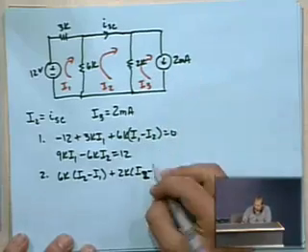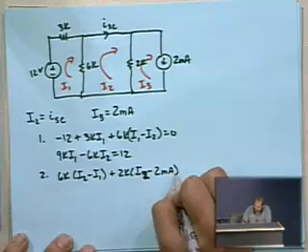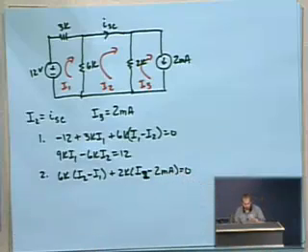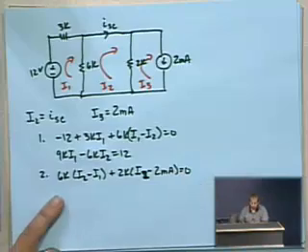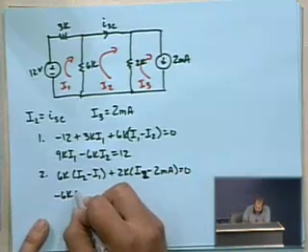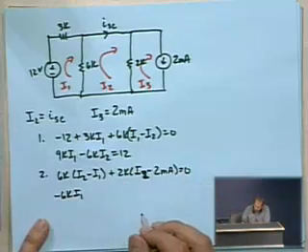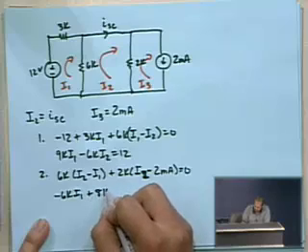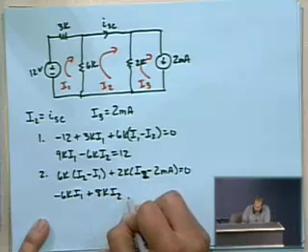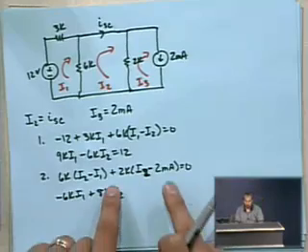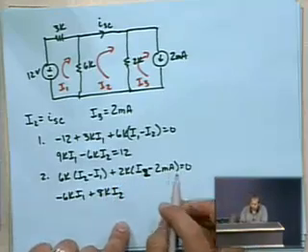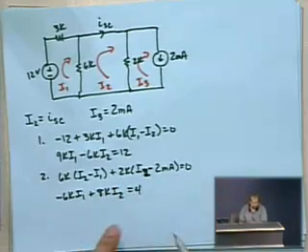We already know that I3 is 2 milliamps, so stick that in there. Equals 0. So we end up with a negative 6k I1, positive 8k I2, and this will give us a negative 4 volts. Put that over on the other side, and that's 4.